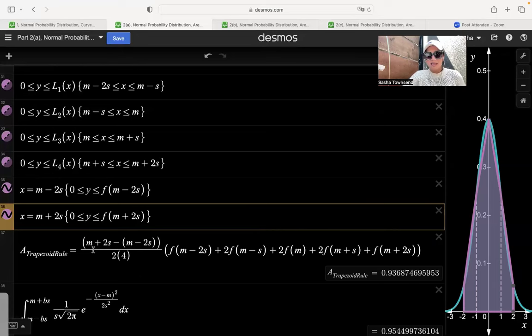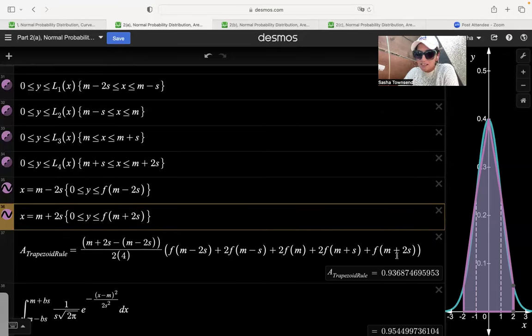That's our delta x. And b minus a is just the mean plus 2 standard deviations minus the quantity, the mean minus 2 standard deviations. So when you actually do that, you just get 4 times the standard deviation divided by 4 in this case.